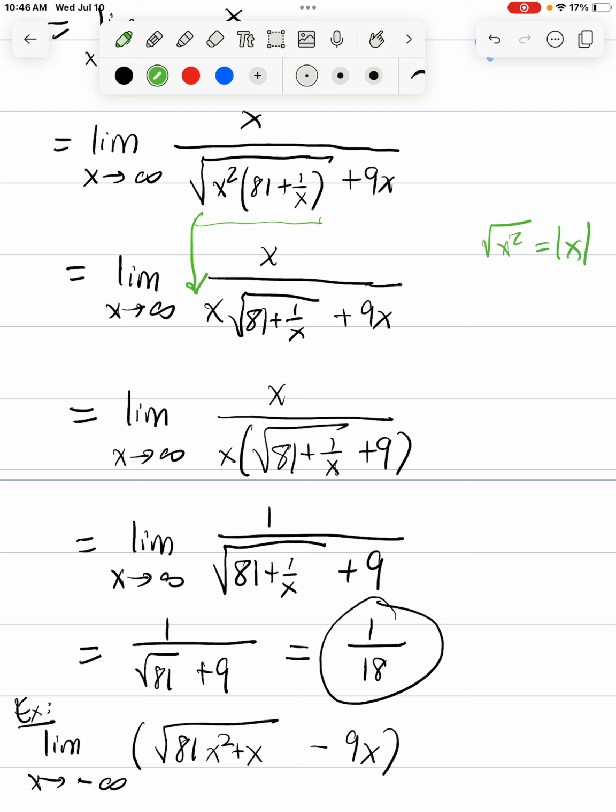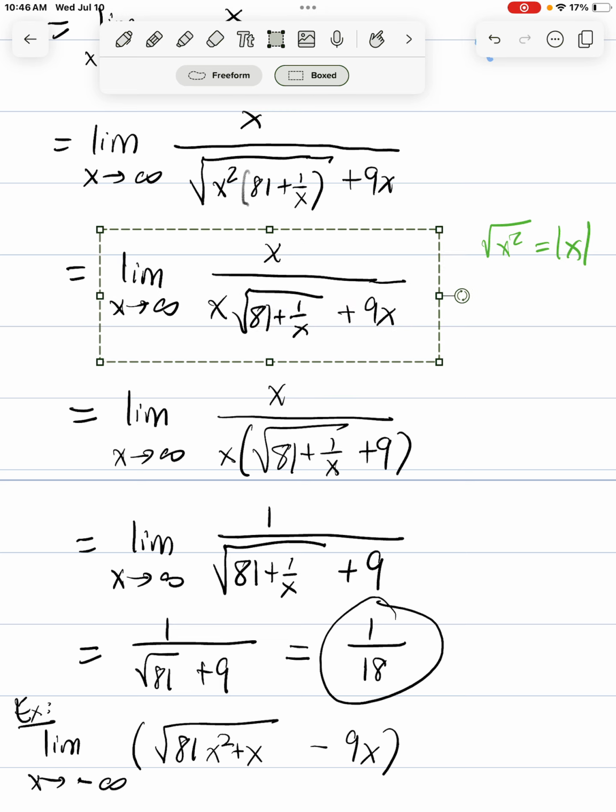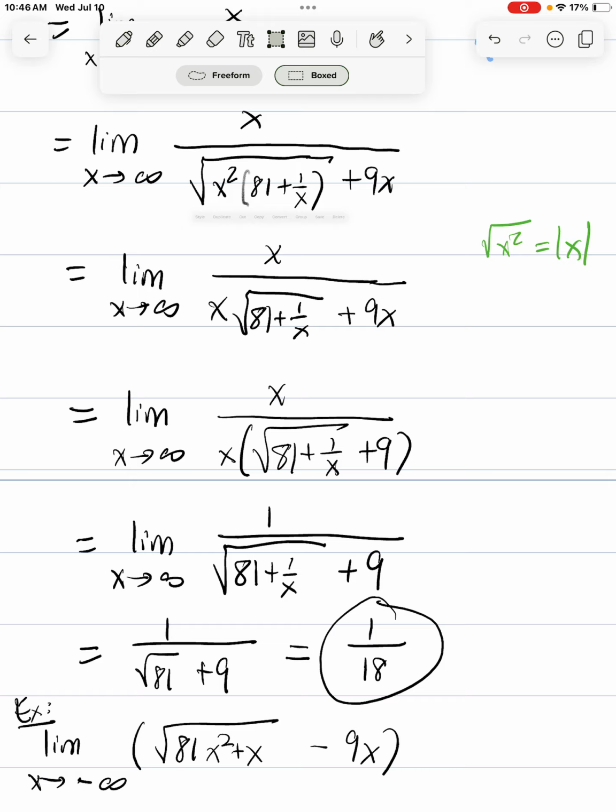So let's see if I can change this, take this, and then move it. Okay. Oh, I don't want to do that. Copy.